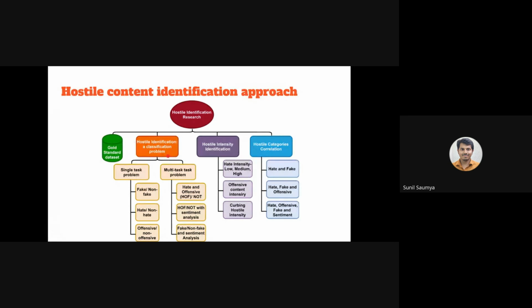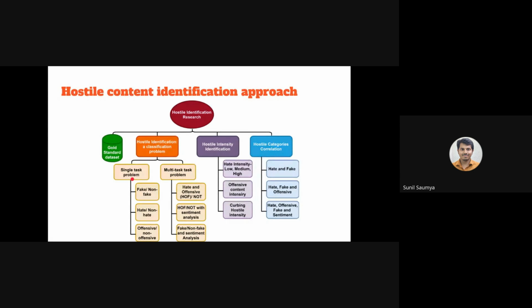Then people went into different ways of classification, starting with the single task problem, where they classified each text into categories. For example, whether the text is fake or not fake, hate or not hate, offensive or not offensive. Later, after the single task problem, we realized that a text or post can fall into more than one category.